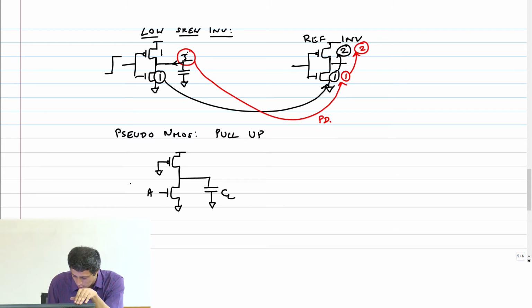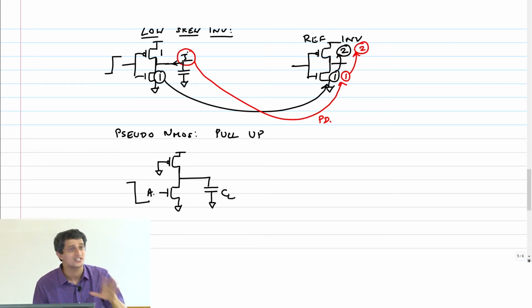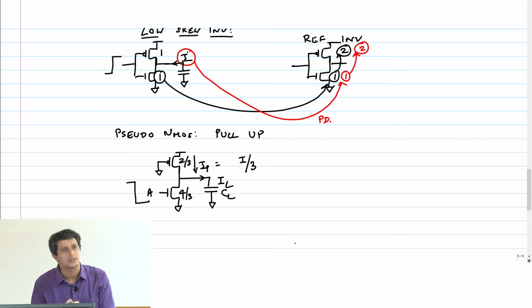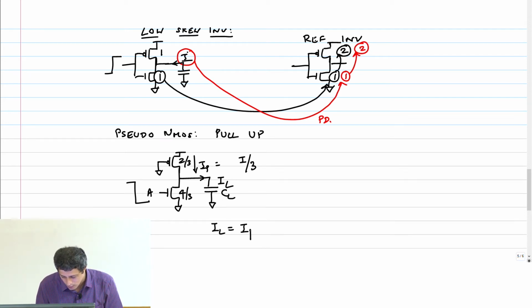Ideally, my input falls and turns off my NMOS transistor instantaneously. Correct? So therefore, if this is 4 by 3 and this is 2 by 3, I have a current IP which is equal to I by 3. Correct? Now IP, and then there is a load current IL. Now because the NMOS is cut off completely, IL equals IP.